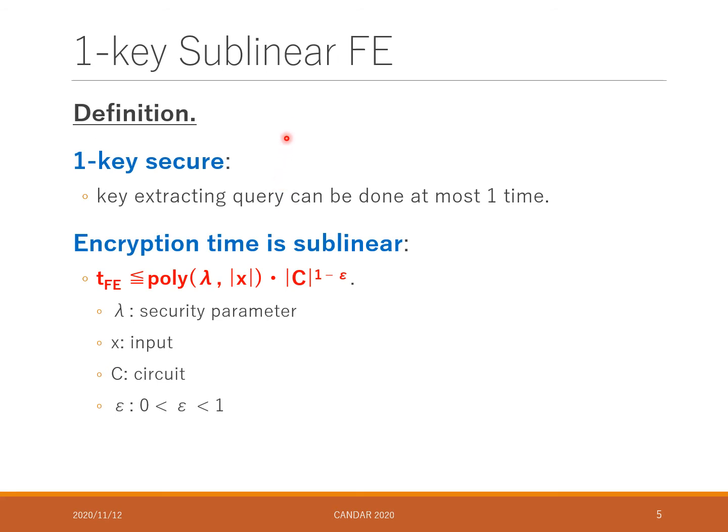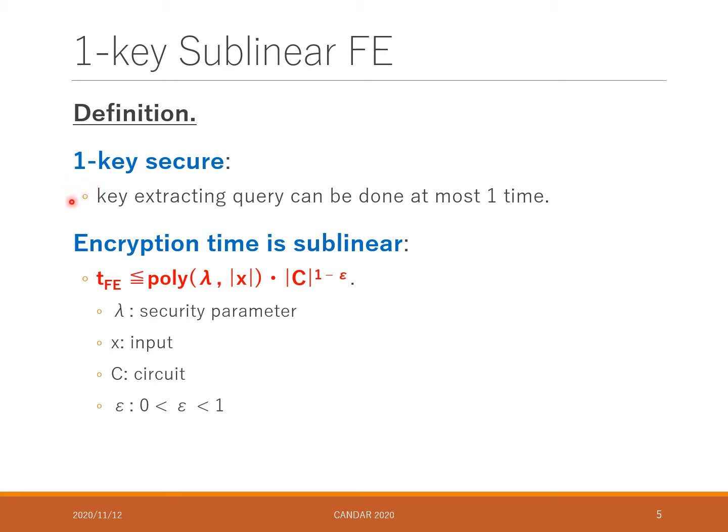Before noting the relation between iO and FE, we introduce the single key sublinear functional encryption. The single key sublinear functional encryption has two requirements. The first one is single key security.